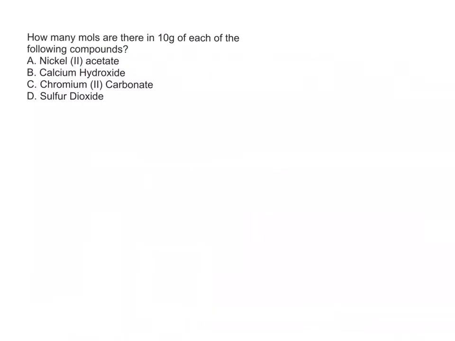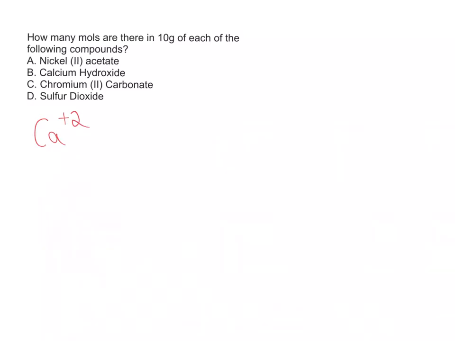So the next one asks about calcium hydroxide. We're going to follow a similar process as we did in part 1, but calcium hydroxide is a little different as far as naming because calcium isn't a transition metal. So calcium always has a charge of +2, and you can figure that out by looking at your periodic table.